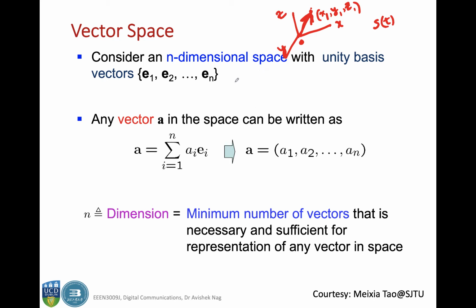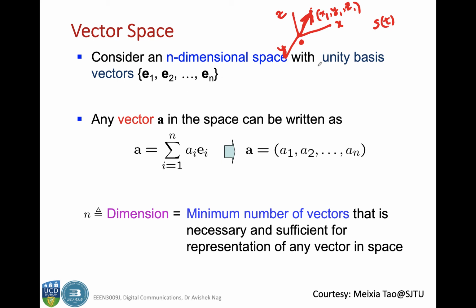In your linear algebra class, you probably have learned vector space, so we will just revisit those concepts here. So let's consider an n-dimensional space. This is a three-dimensional space in this diagram. So let's extend that concept to an n-dimensional space with unity basis vectors e1, e2, up to en.